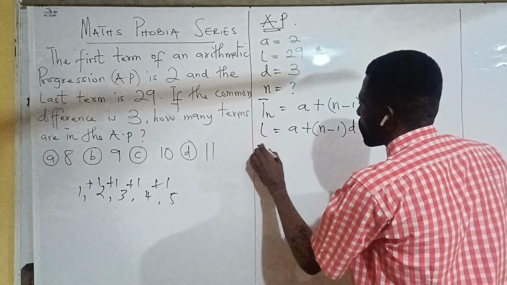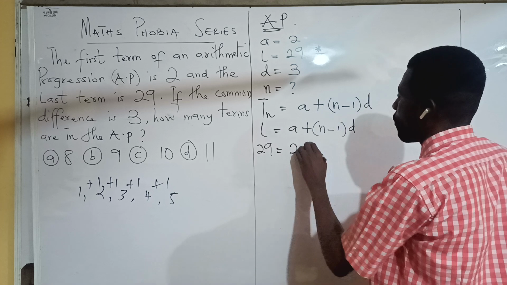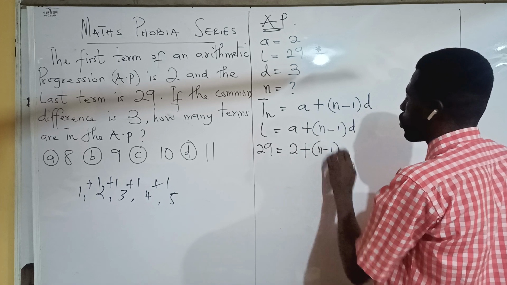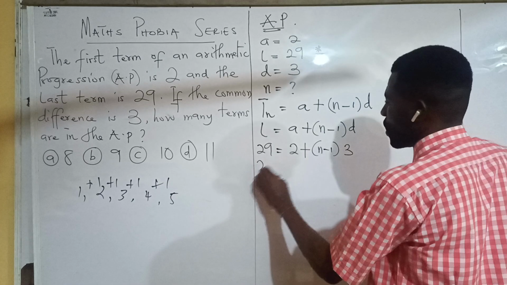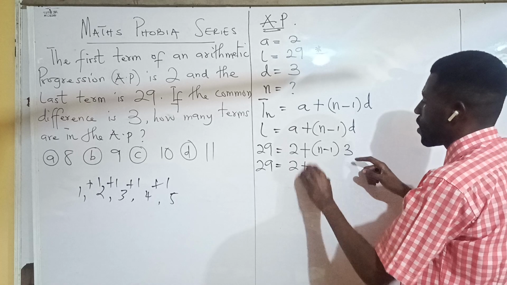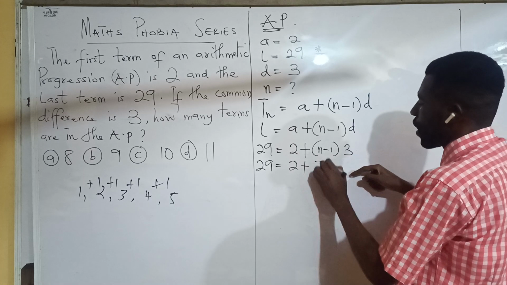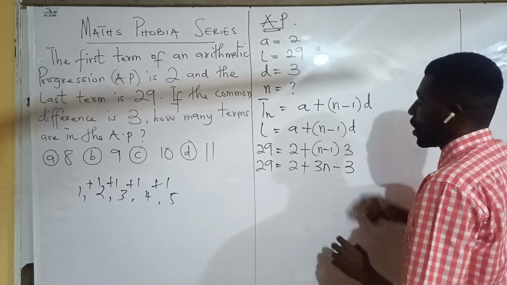We have L as 29, A as 2, plus n minus 1, common difference 3. So we have 29 equals 2 plus, opening the bracket, 3n minus 3.